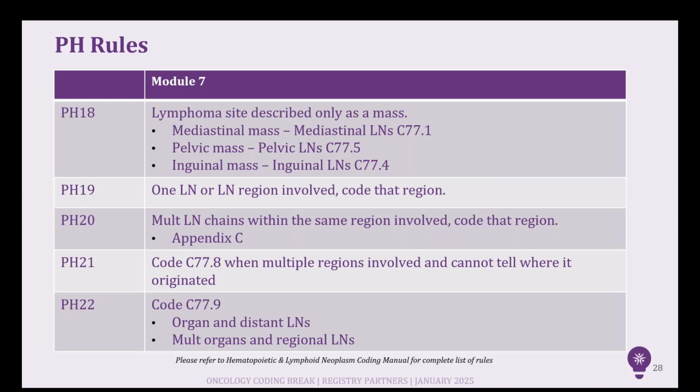PH21 instructs us to code to C77.8 when you have multiple lymph node regions involved and we can't determine where it started. PH22 applies when an organ and distant lymph nodes are involved, or if there are multiple organs and regional lymph nodes involved. In this case, code C77.9.